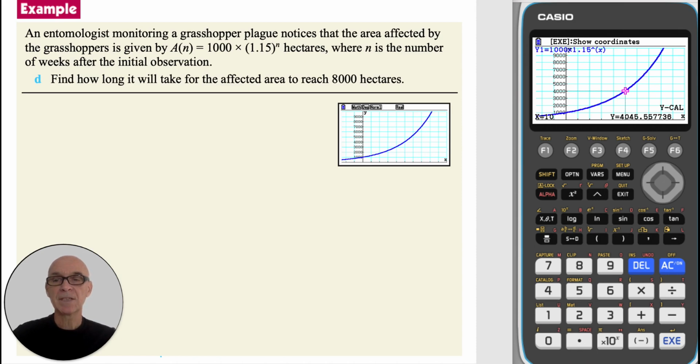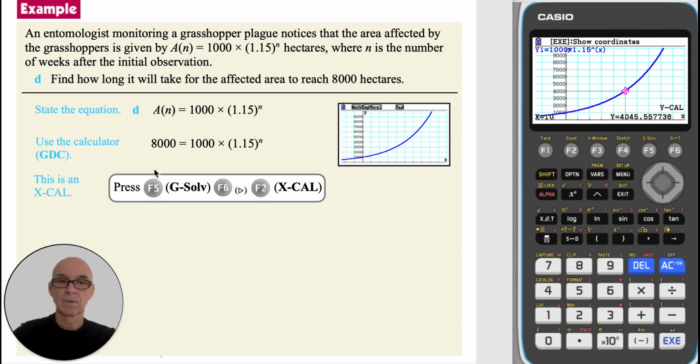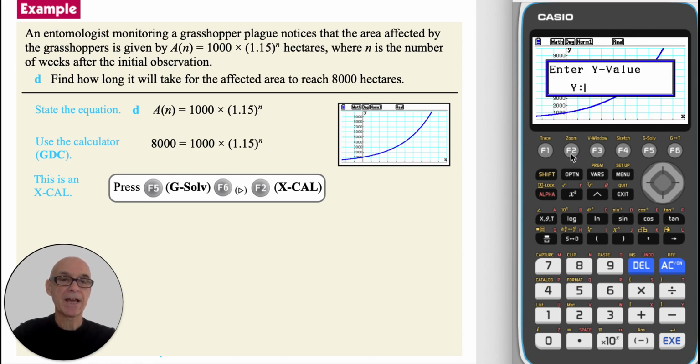In part D, we're asked to find how long it would take for the affected area to reach 8,000 hectares. We first state an equation replacing A with 8,000, and then use the calculator. This is an X calculation, so press F5, G-solve, F6 to get to the second page of tabs, and then F2 for an X calculation.